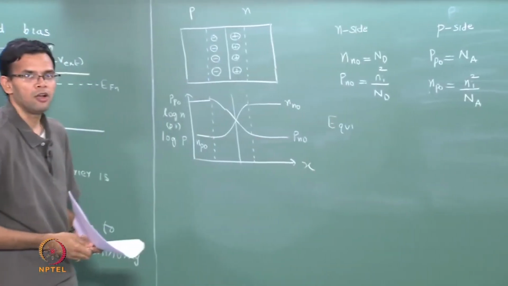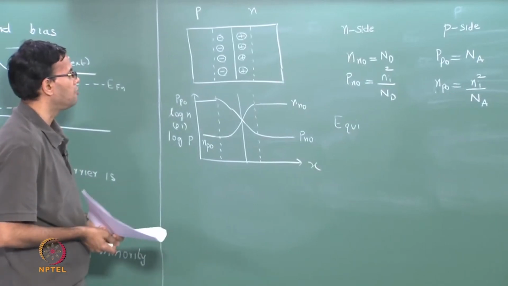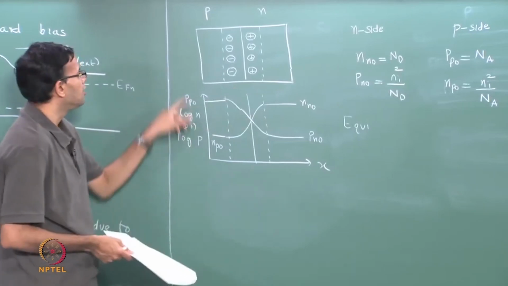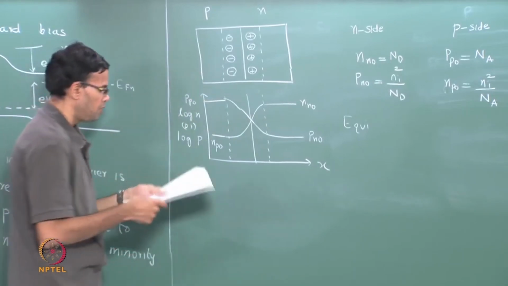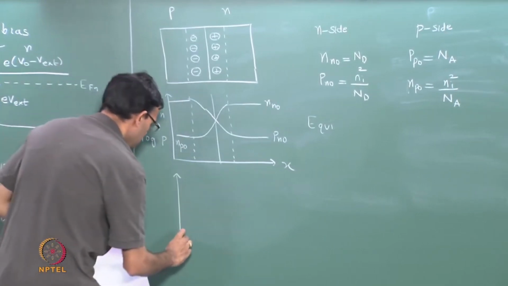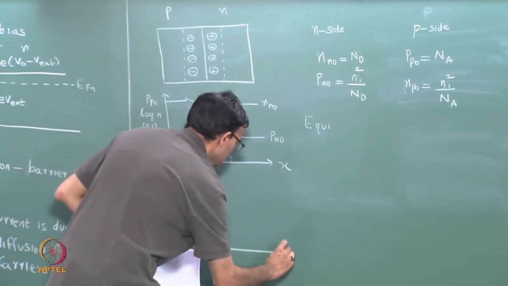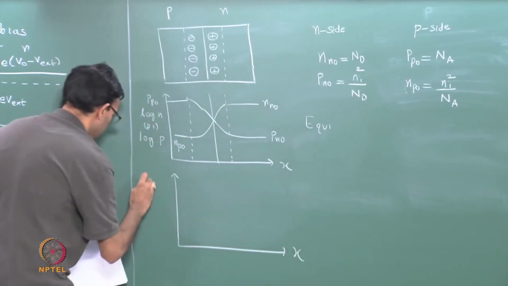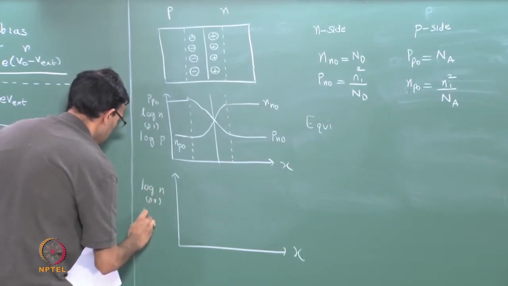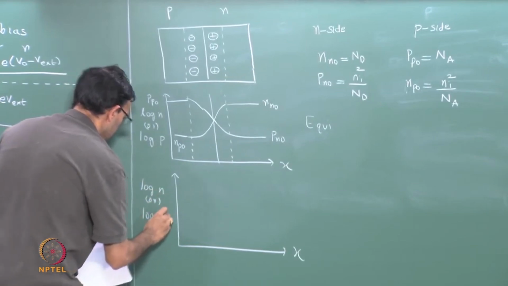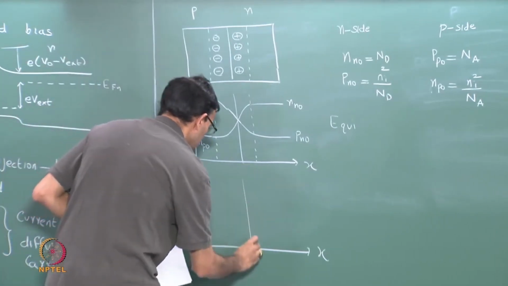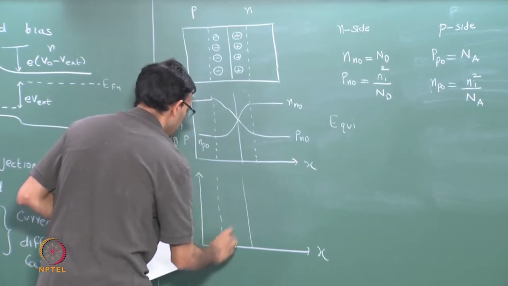So now we apply a forward bias. So when we apply a forward bias, we are injecting electrons into the n side and we are injecting holes onto the p side. So if I once again plot my concentration, this is log of n or log of p, can again mark the boundaries.